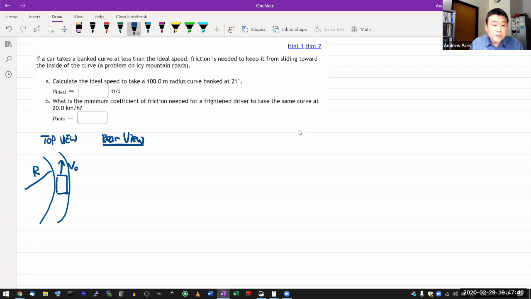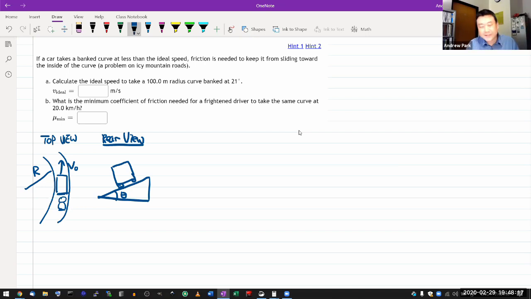So you are imagining looking at this car from the back. You are maybe standing here and you're looking at the car. Then you will have the cross section of the road, which will give you that banked angle, theta. And this is what the car will be like. It's going into the page.